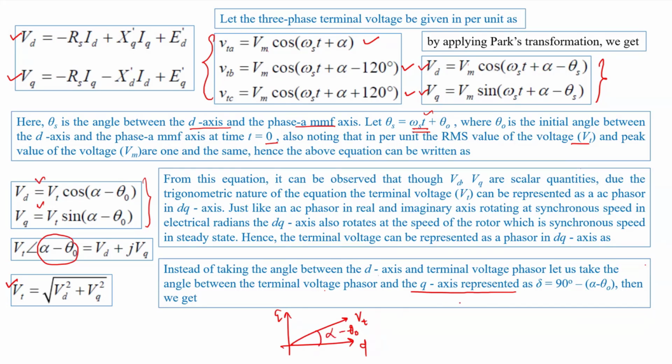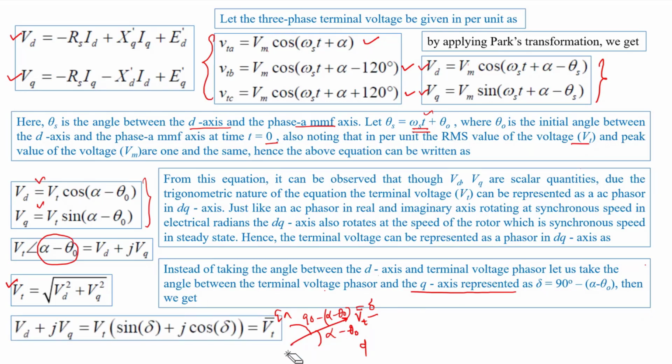The angle between the q axis and Vt is nothing but 90 minus (alpha minus theta naught). Let us represent that as delta. Then we can write the equation in terms of delta: Vd plus jVq equals Vt (sin delta plus j cos delta), where delta is 90 minus (alpha minus theta naught).